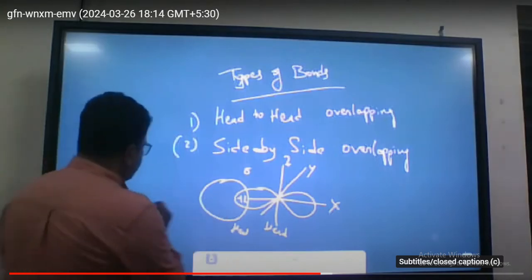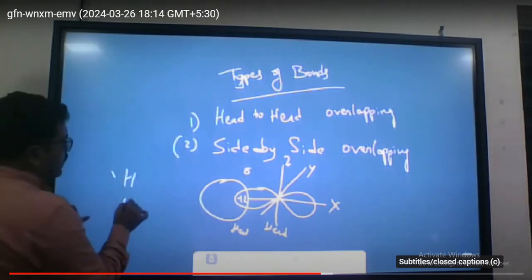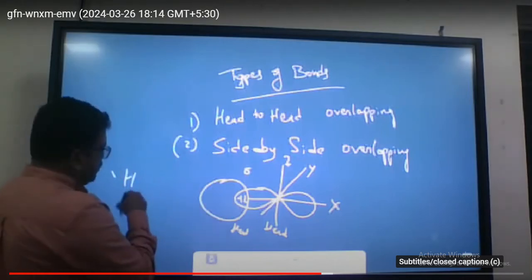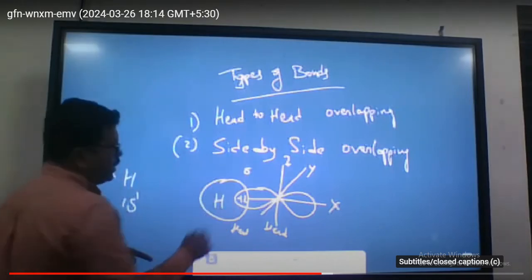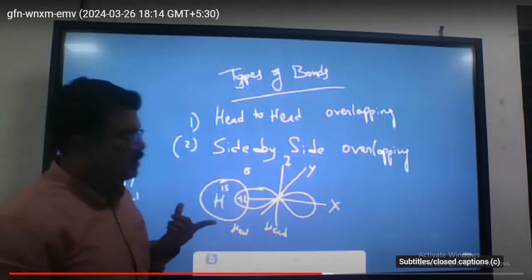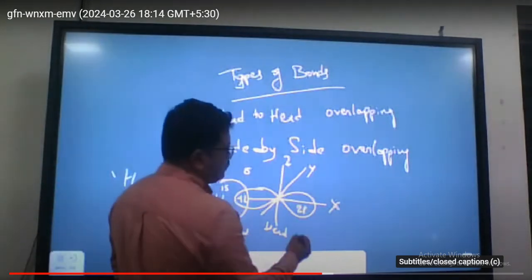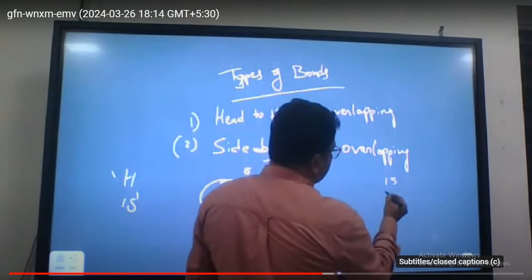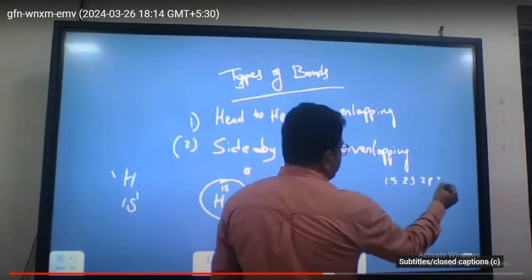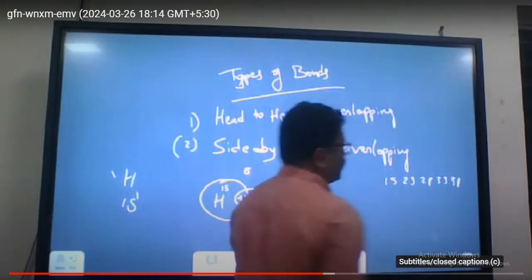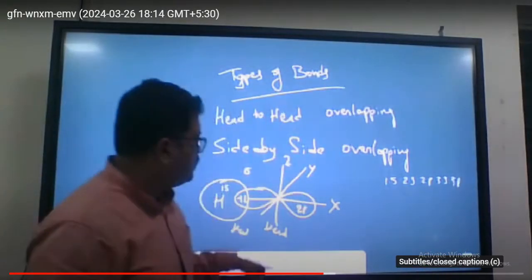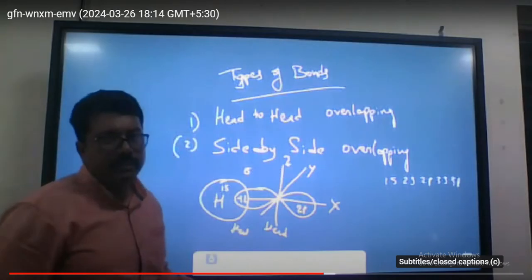If you take the s orbital as an example, you know hydrogen is 1s1. You take this s orbital as 1s, hydrogen, for example. This is the 2p orbital. We know the electron configuration is written as 1s, 2s, 2p, 3s, 3p, but here what we have is the p orbital, so that is 2p.